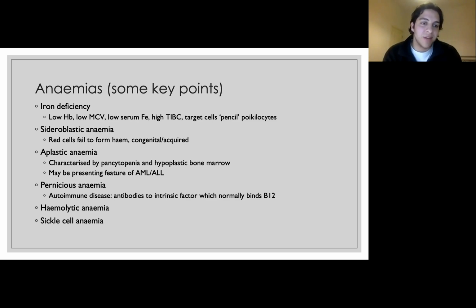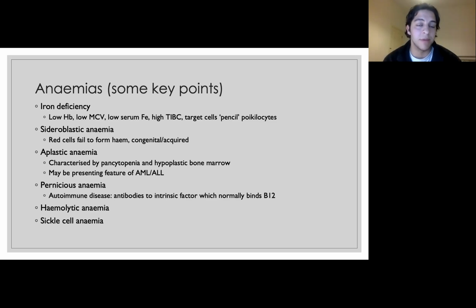Other types of anemia, just quick points. Sideroblastic anemia: the red cells fail to form heme, and it can be congenital or acquired. Aplastic anemia is characterized by a pancytopenia and hypoplastic bone marrow, and this may be the presenting feature of acute leukemias. You can also get pernicious anemia, which is an autoimmune disease. Intrinsic factor is a factor in the stomach which helps absorb B12.